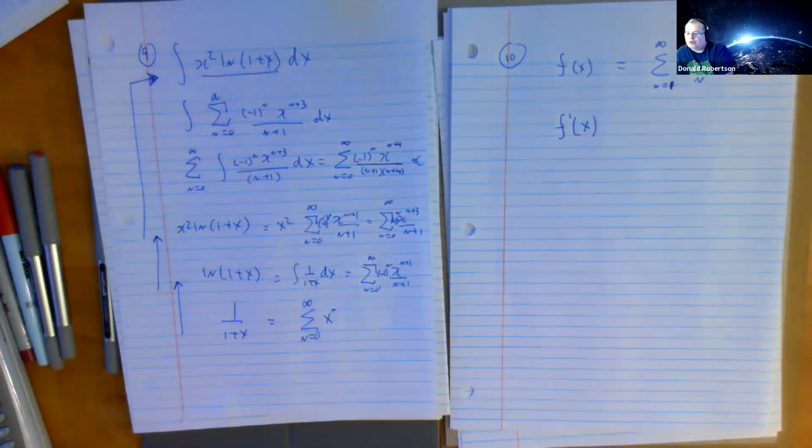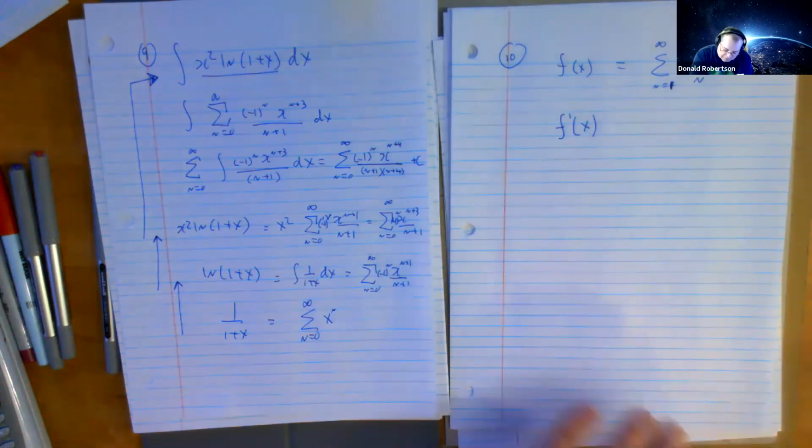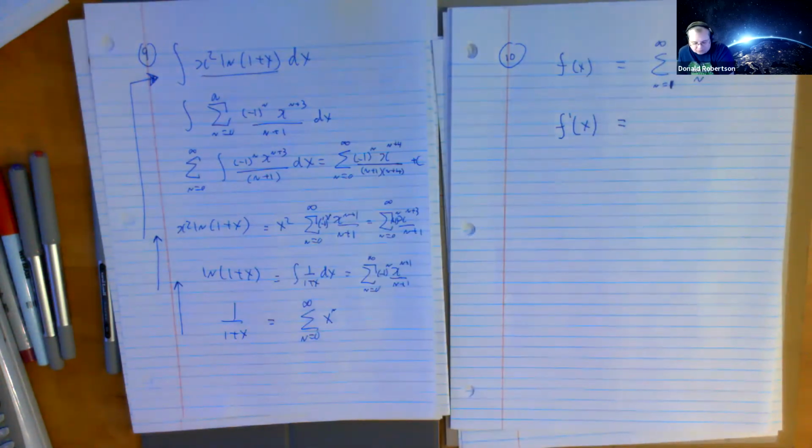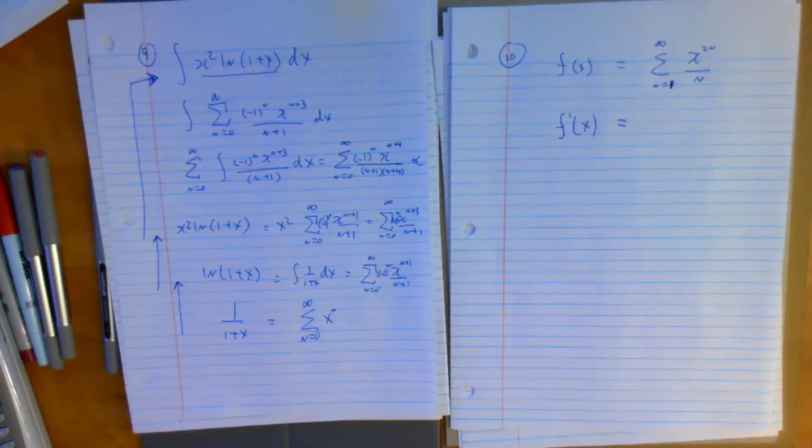Now, wouldn't it be nice if you could differentiate power series? We know how to integrate it. Wouldn't it be nice if we could differentiate? If the world was fair and everything that you wanted to be true was true, what would be the easiest process for differentiating this power series? Power rule.